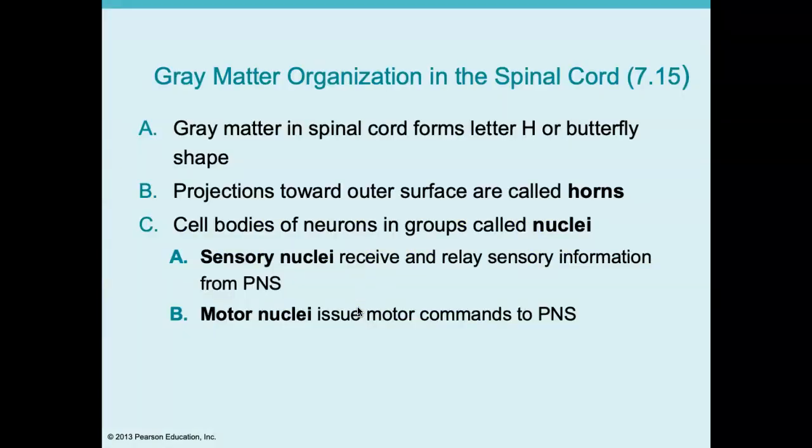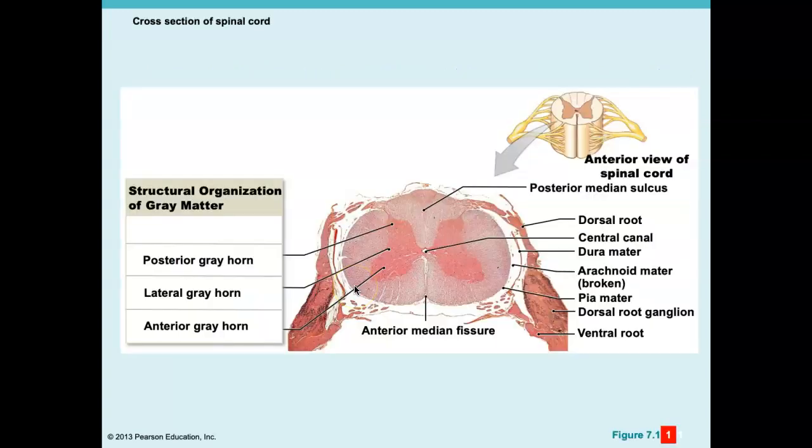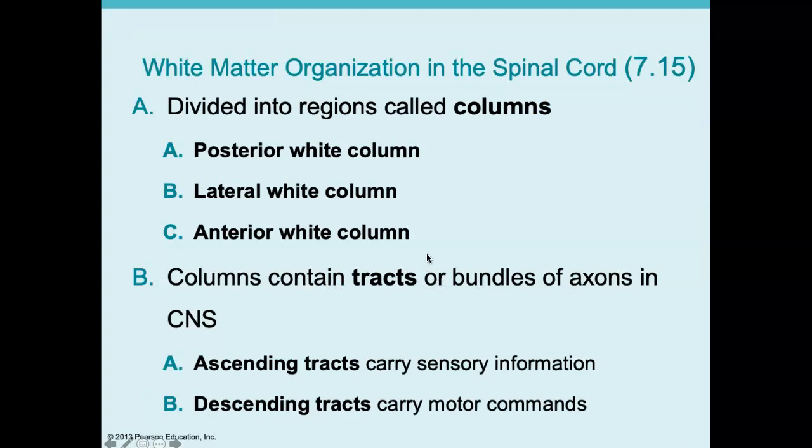The gray matter is in the shape of a butterfly, and there's projections called horns. We do not need to know all of this detail here. But here's that dorsal root ganglion, that's the incoming sensory information. Here's the ventral root, the outgoing motor information. Here's the central canal. Again, a little bit too much information here.